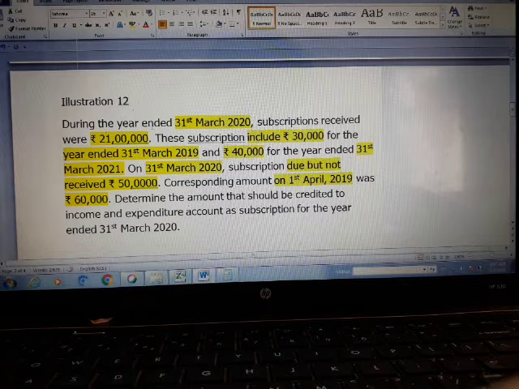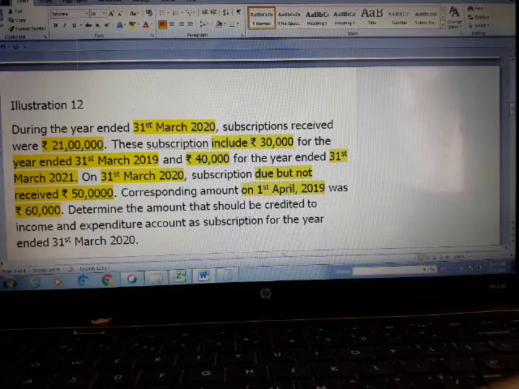Look at this question. During the year ended 31st of March 2020, subscriptions received were rupees 21 lakhs. These subscriptions include rupees 30,000 for the year ended 31st of March 2019 and rupees 40,000 for the year ended 31st of March 2021.